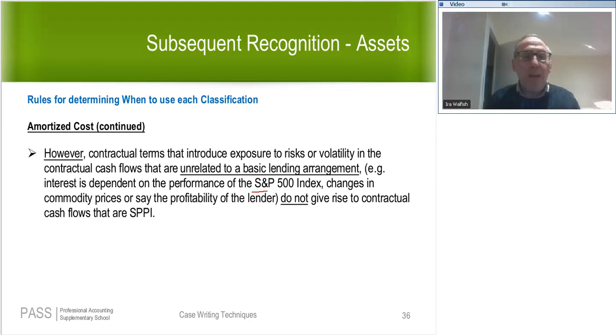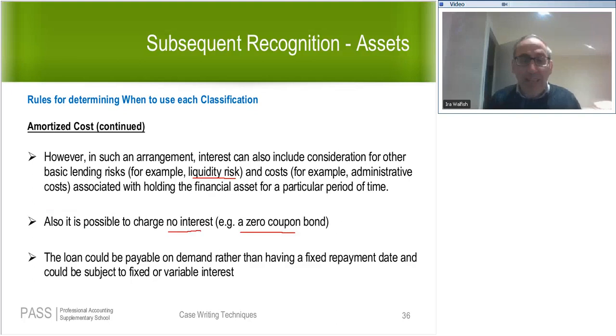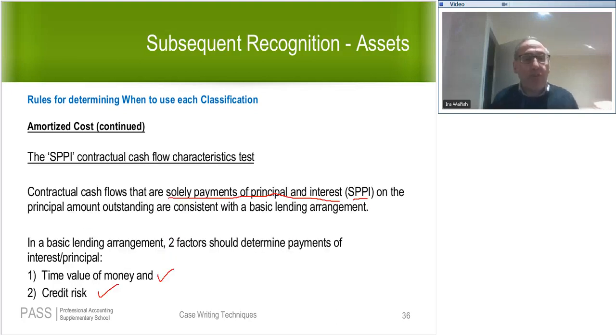In that situation, I would not meet the SPPI test because the interest that I'm receiving is not just for the time value of money and credit risk. I'm going to get more interest depending on the performance of the stock market or depending on the price of gold. So in that situation, we would not meet the SPPI test. We would not meet this condition here, and I would not be allowed to use amortized cost.